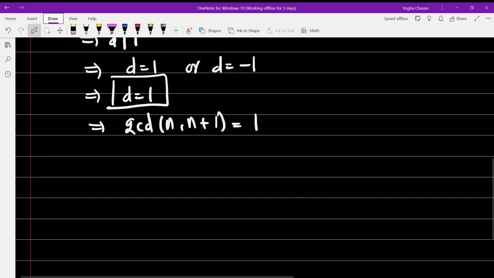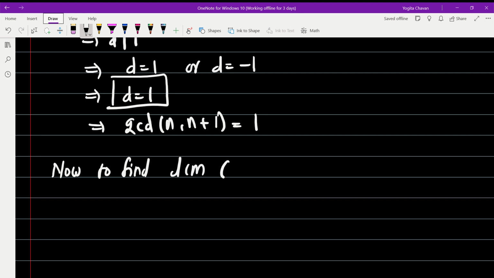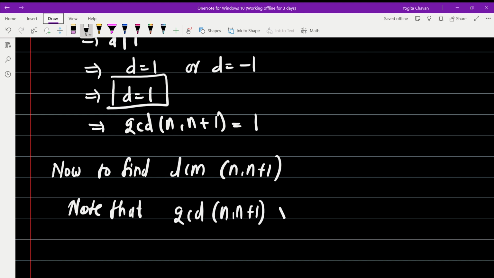Now to find LCM of n and n plus 1. So note that GCD of n and n plus 1 into LCM of n comma n plus 1 is equal to mod of n into n plus 1.